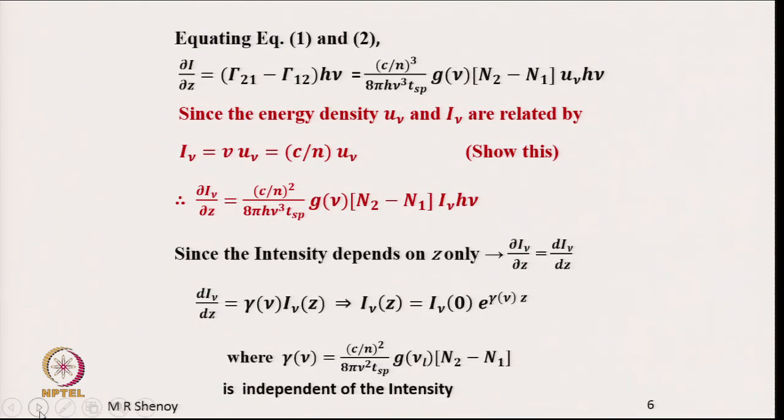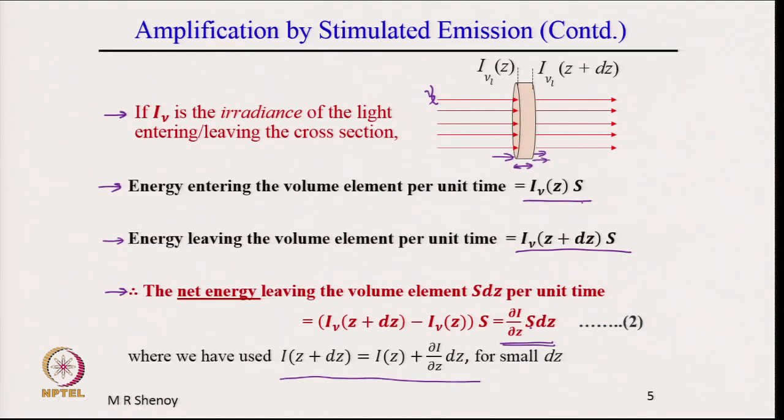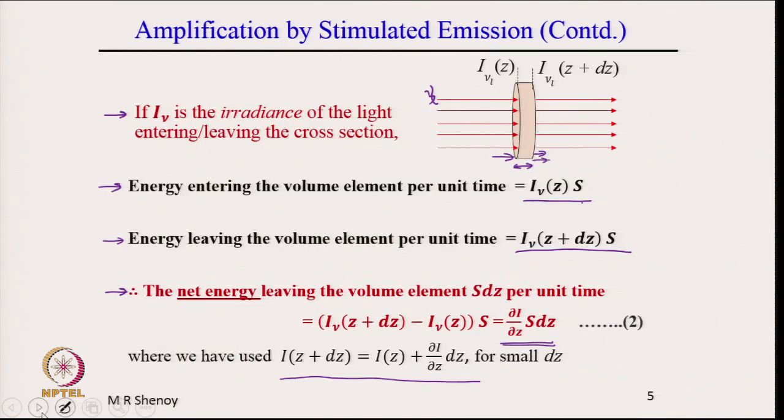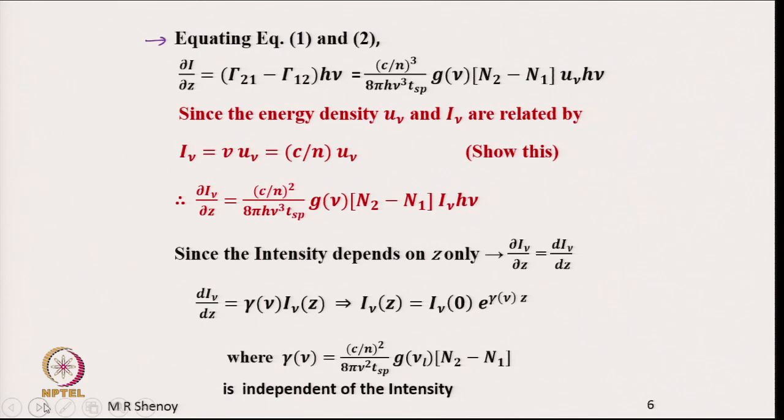Therefore, equating equations 1 and 2, we have delta I by delta z equal to (gamma 21 minus gamma 12) into h nu. The common S dz cancels. So, there is an S dz which is common in both equations, equation 1 and 2, and therefore we have delta I by delta z equal to (gamma 21 minus gamma 12) into h nu.